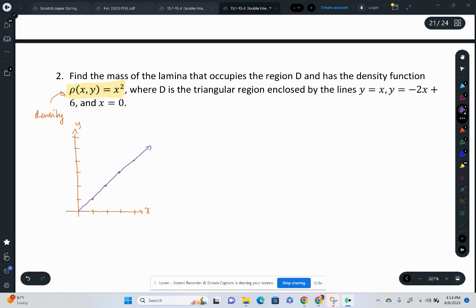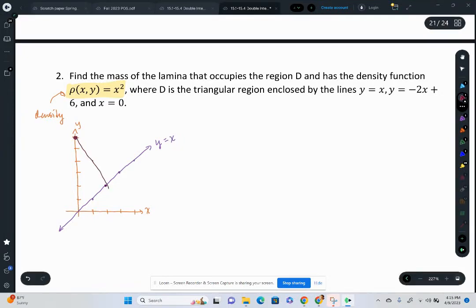So I can draw it like that. It does also travel through the third quadrant. All right, the y equals minus 2x plus 6 has a y-intercept at y equals 6. And then we have a slope of -2, so we'll go down 2 over 1. That gets us there. Down 2 over 1, that gets us here.